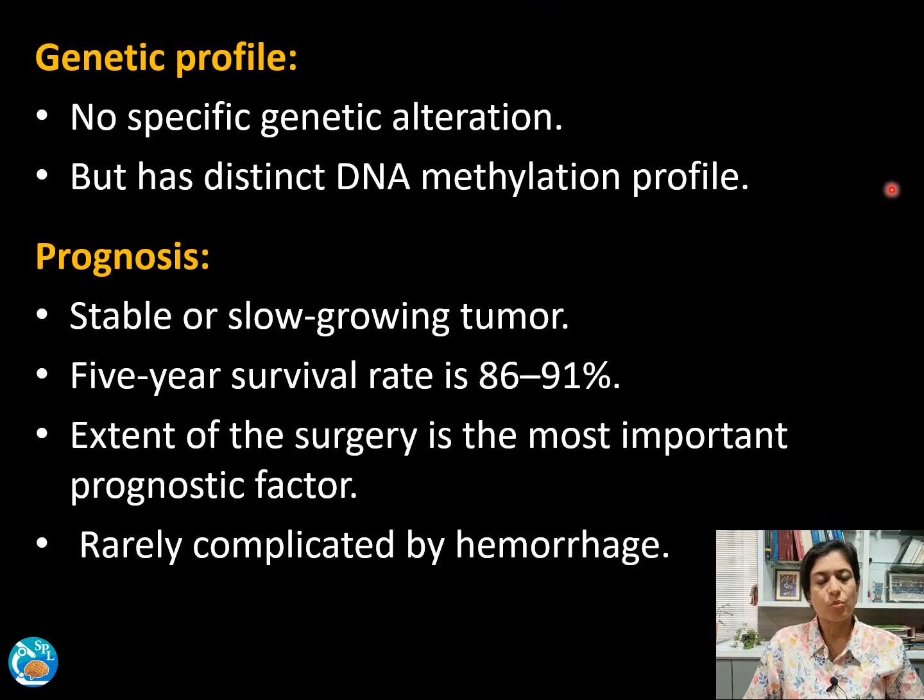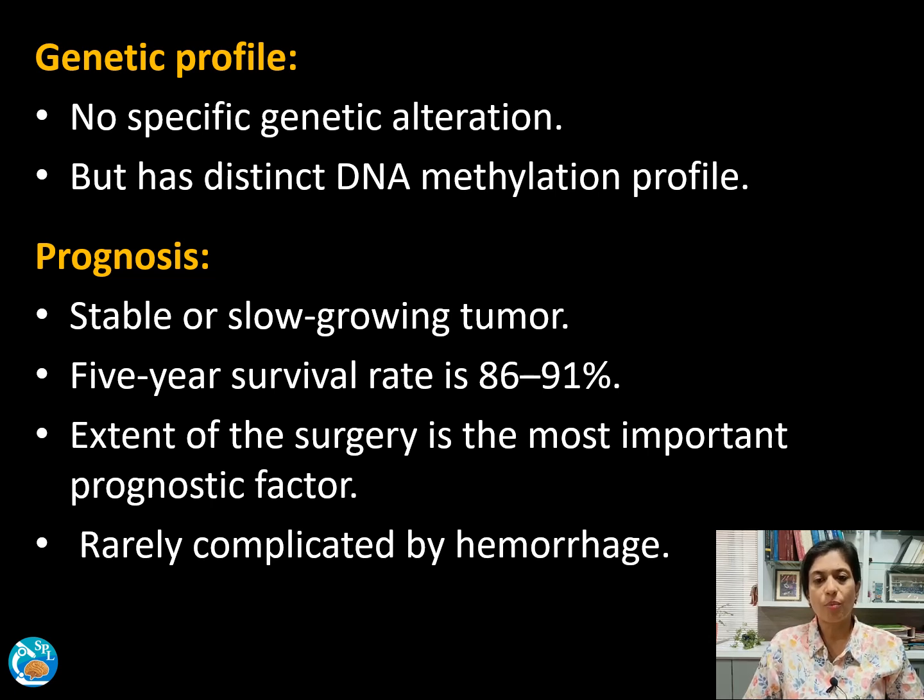Coming to genetic profile, there is no specific genetic alteration, but these tumors do have a distinct methylation profile. Prognosis: these are stable or slow growing tumors with a 5-year survival rate of 86 to 91%. The most important factor is the extent of surgical resection.